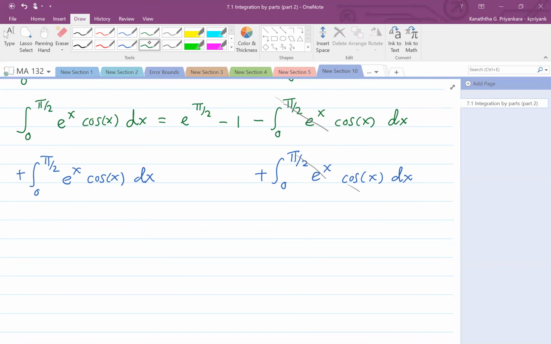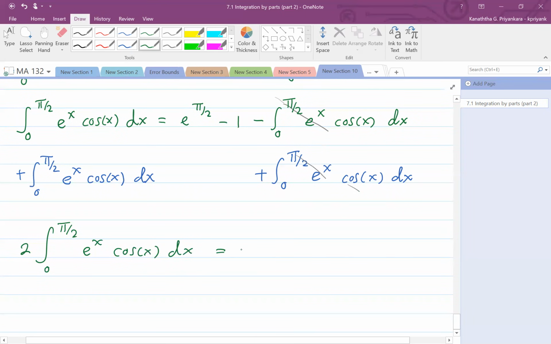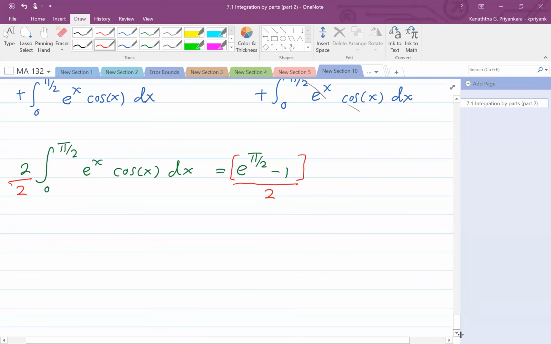Then if we add these two, we get 2 times the integral from 0 to pi over 2 of e to the power x cosine x dx equals e to the power pi over 2 minus 1. Now we can divide both sides by 2, then we get the required answer.